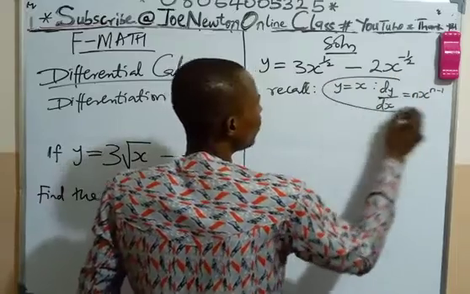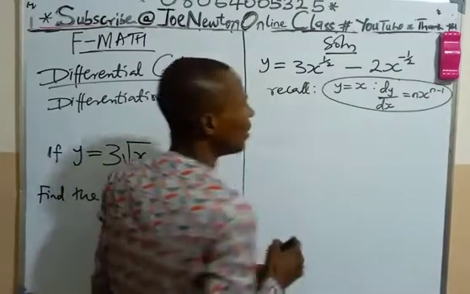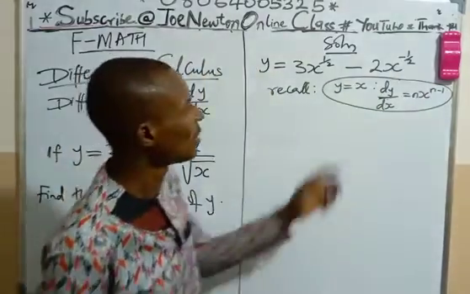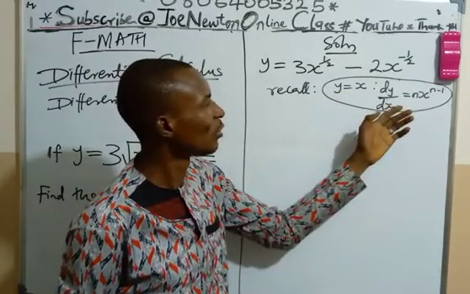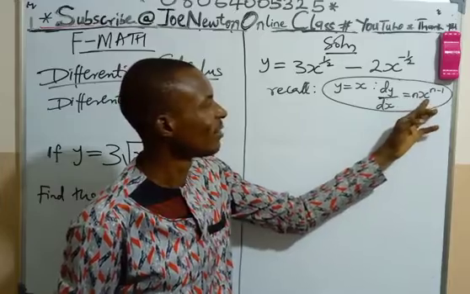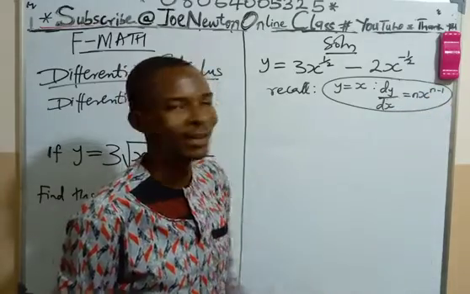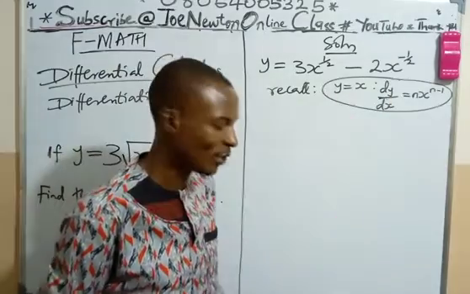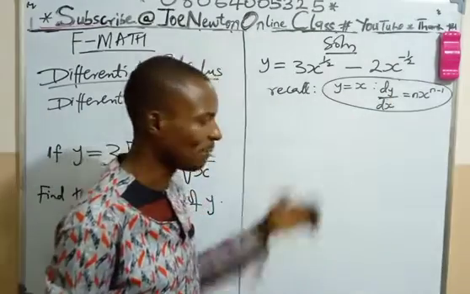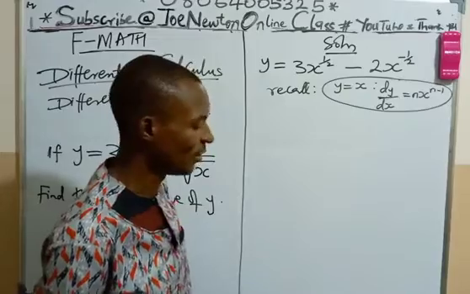These are basic rules of differentiation. So remember that if you have y equals x to the power n, then dy/dx gives us n x raised to the power n minus 1. That is the rule we are going to apply here. With this basic rule of differentiation, we can simply work on this.